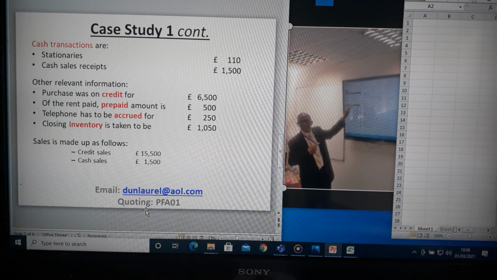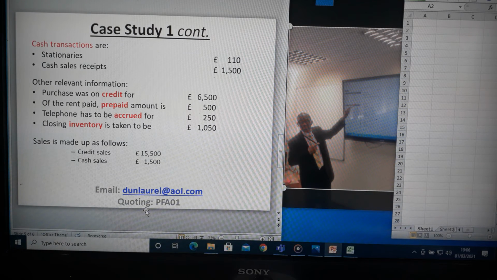All these make up the inventory. And that was $1,050 at the end of that particular period. The breakdown of sales is $15,500 for credit sales and then $1,500 for cash sales. She has to give credit to customers in order to increase her volume of sales.